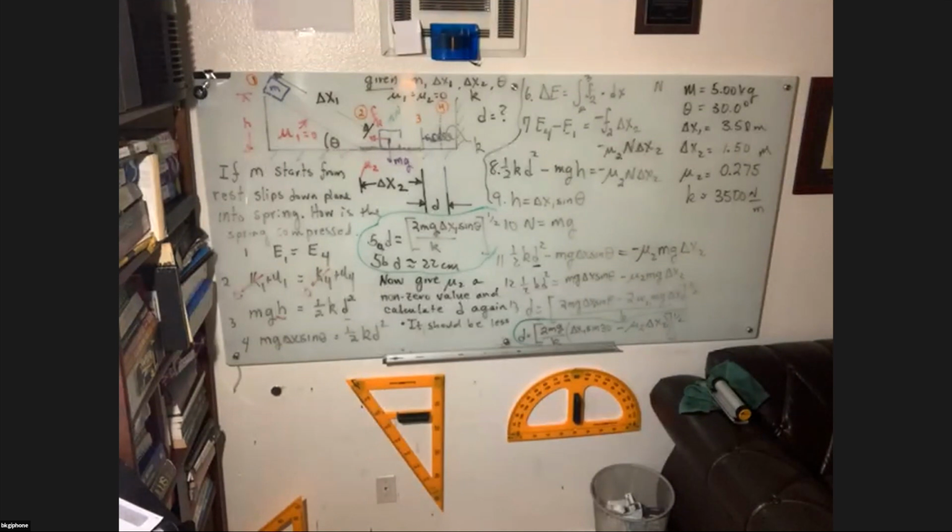And over here now I have 1.5 times 0.275. That's a little better than before. I think we'll get a difference this time. Times the square root. Yeah, that's better. So that turns out to be 19 centimeters. That's a little bit more obvious. I like that a little better.